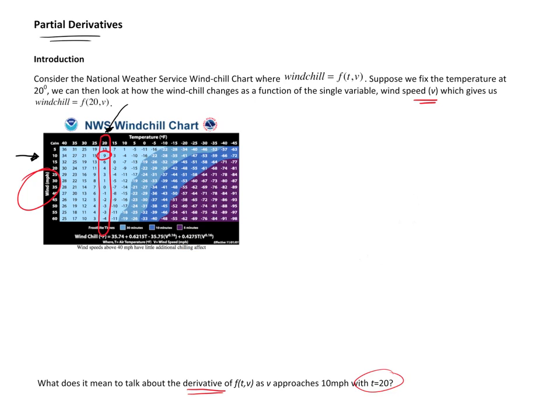Well, on a table like this, we can't just take the derivative of the function in the way that we've come to love and adore, but we can approximate it quite well by looking at what happens to the function, and this is a tabular function, as we're above and below, approaching the specific value that we're interested in.